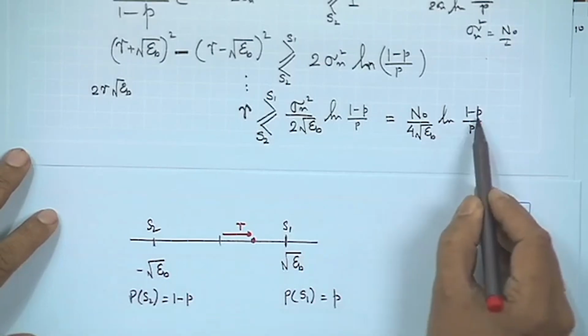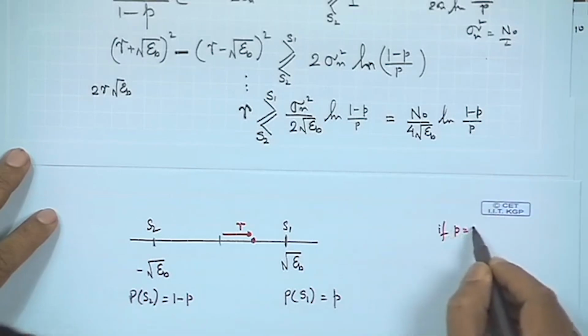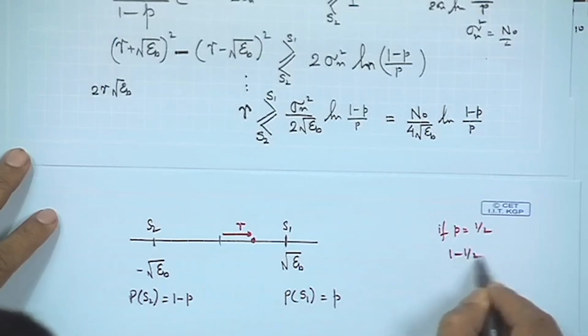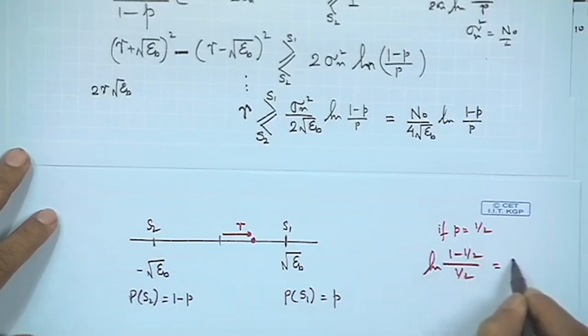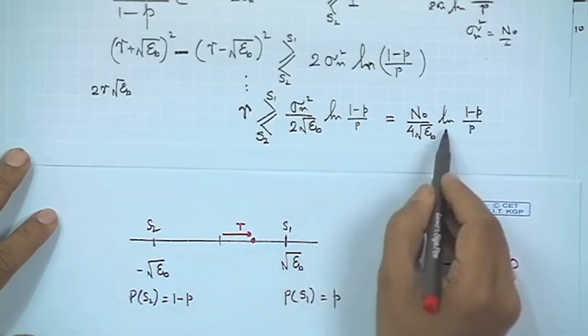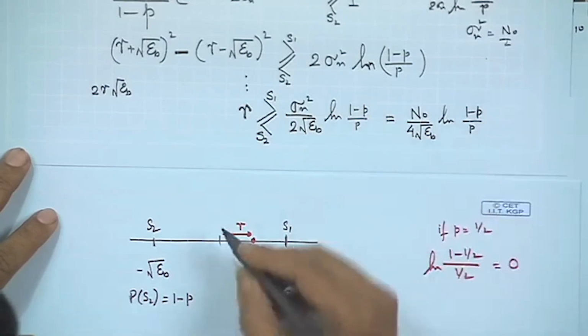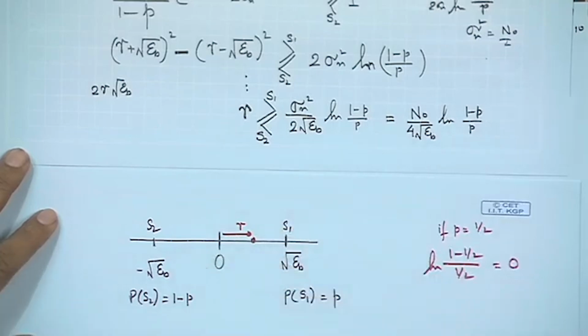Now let us take a look at how this is important. If P is equal to half, you are going to get 1 minus half upon half and ln of that, which will be 0. So, 0 on the right hand side, that means our decision r will be compared with this point, 0.